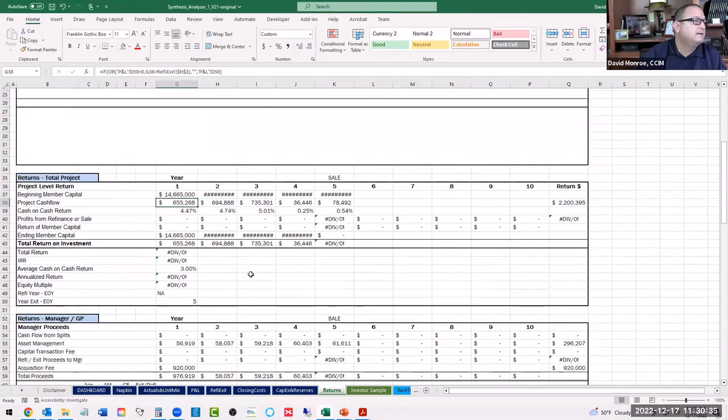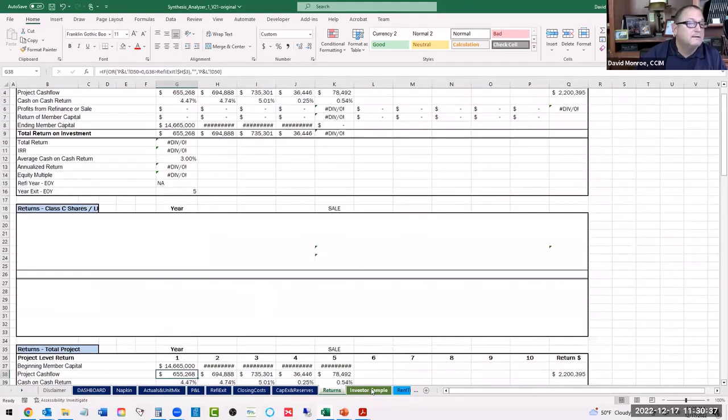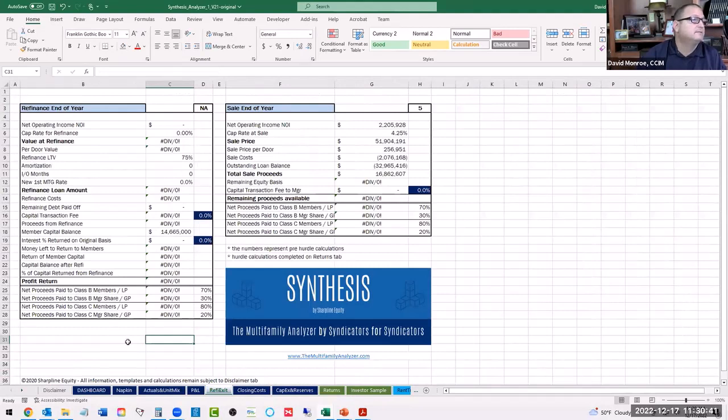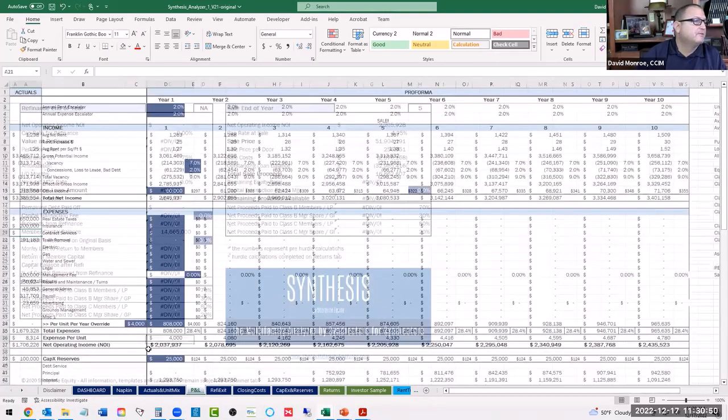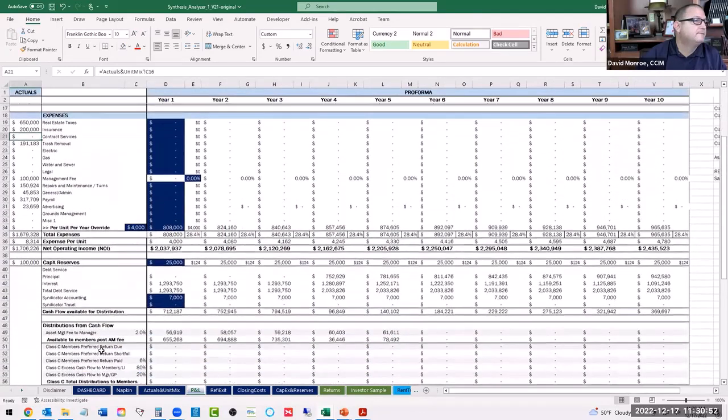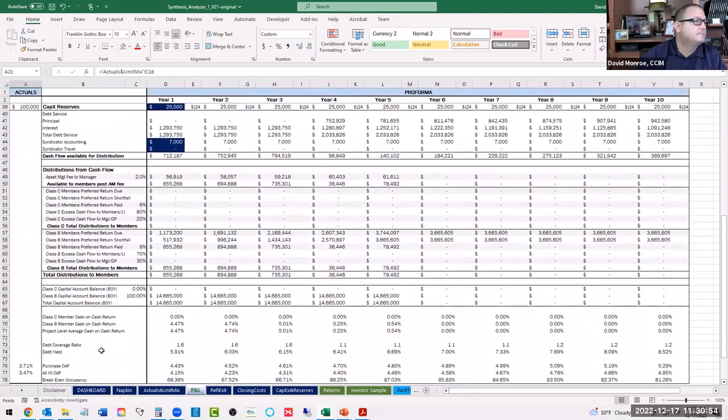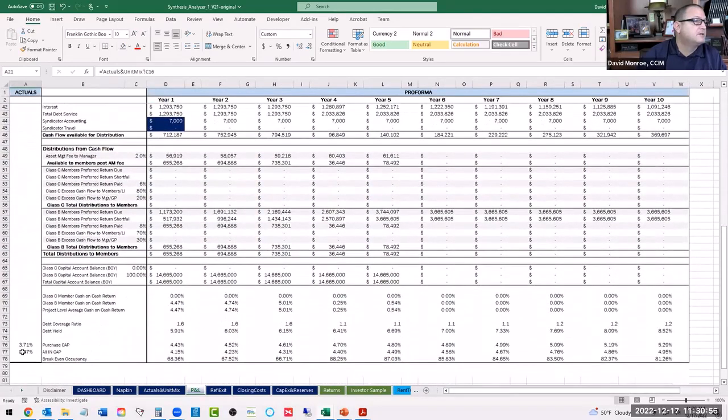Where's that at? Refi exit. Where are those returns at? There it is. So you're purchasing it at a 3.71 cap based on these financials.